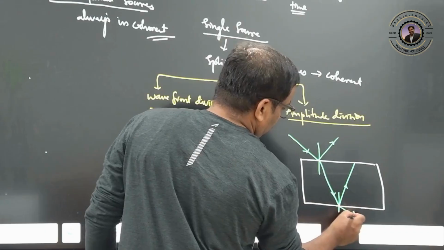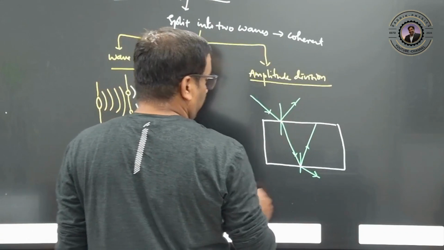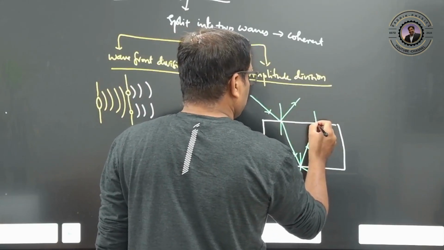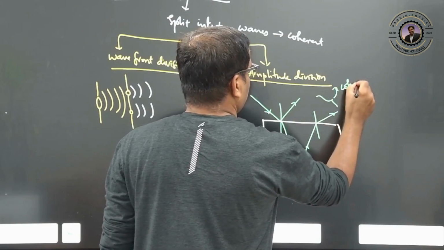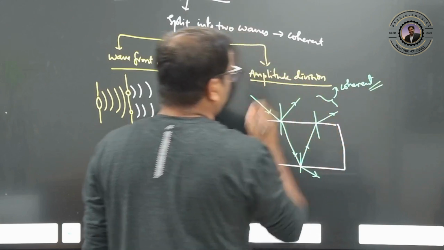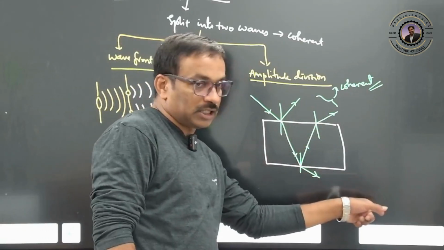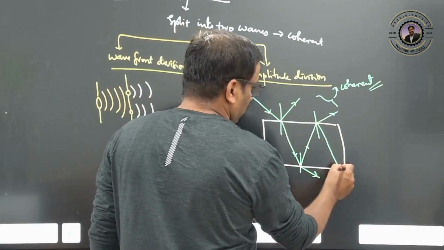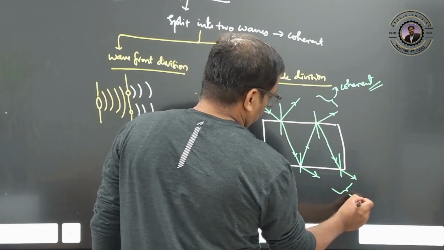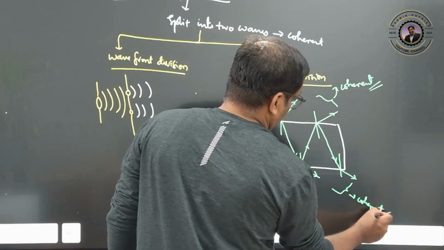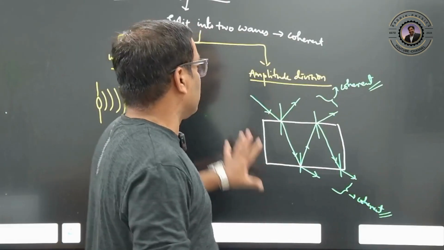Clear? These two waves are said to be coherent, and this type of division is said to be amplitude division. Some part comes here and this part goes, these are also coherent. Understood?